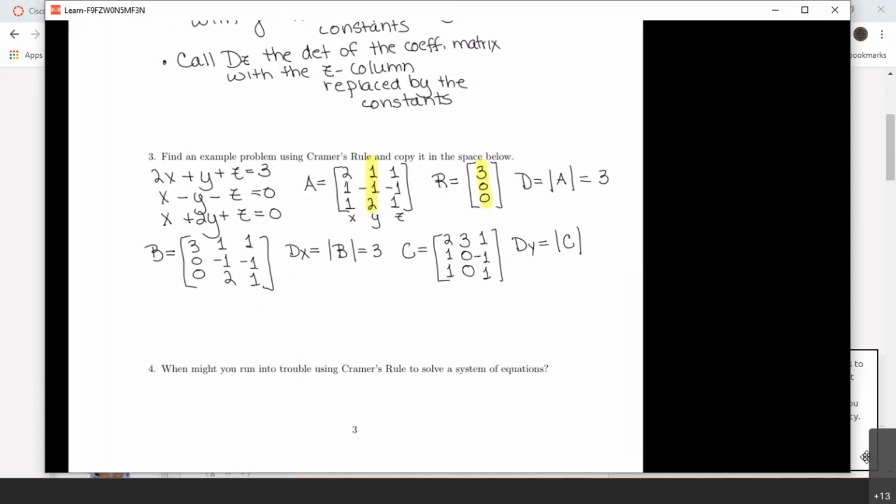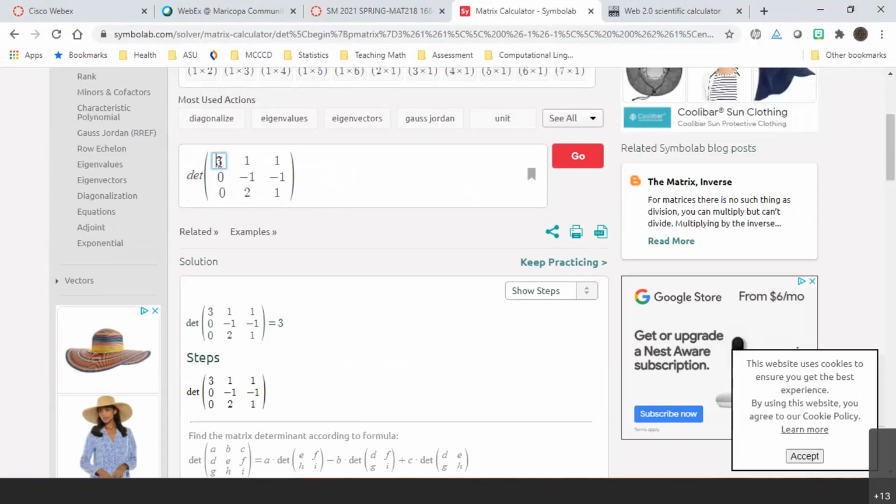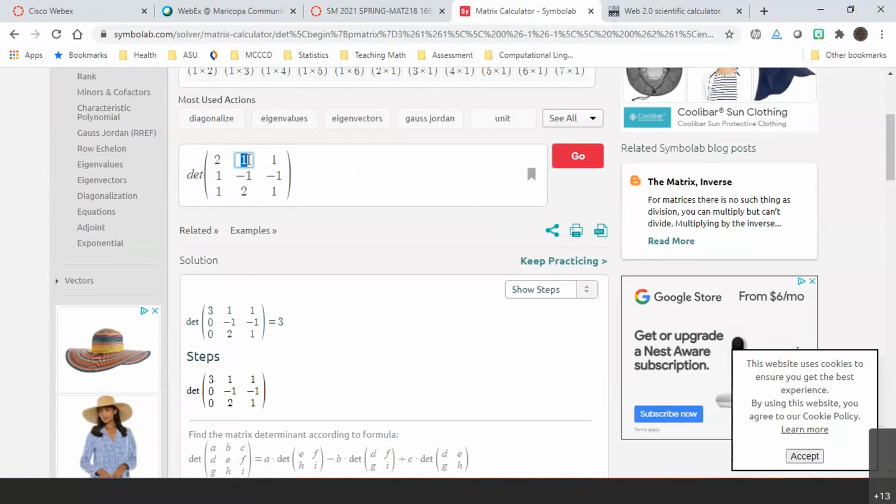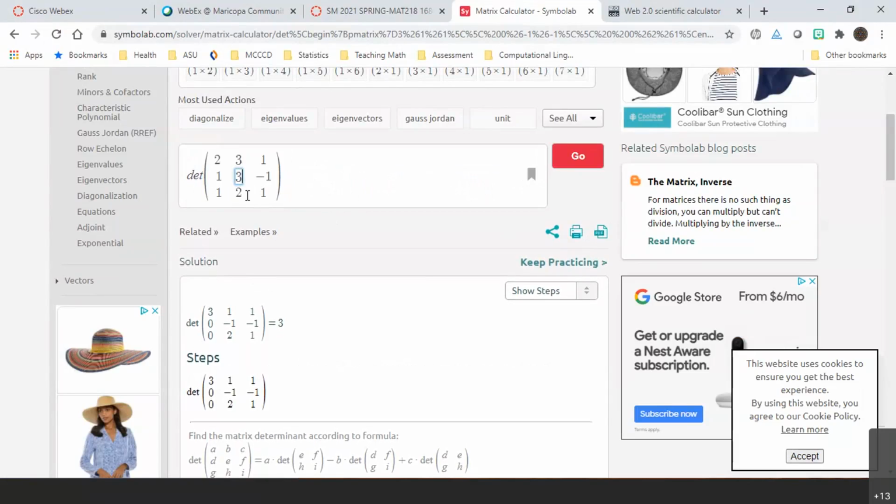Okay, so again, I'm going to go back to Symbolab. I'll have to retype in my first column because I trashed it the first time. So 2 and 1. All right, so there's my coefficient matrix. And I'm going to replace the middle column with the 3, 3, 0, 0.